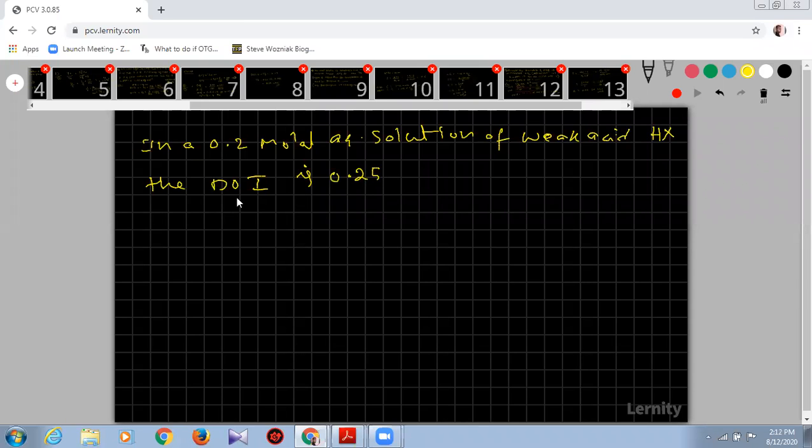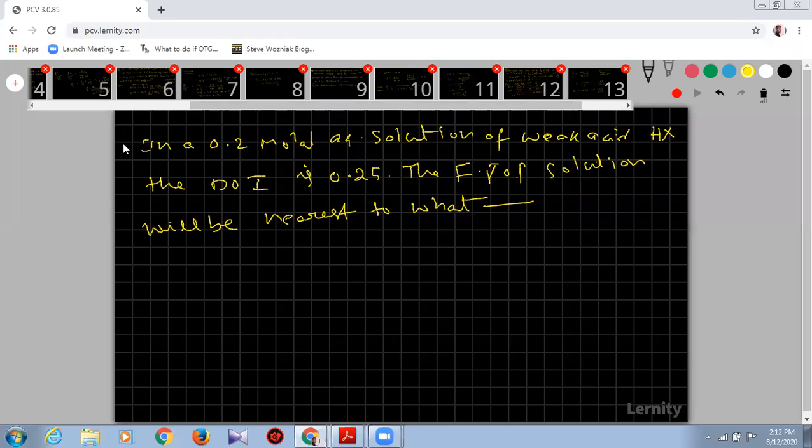Some slight difference is there between degree of dissociation and degree of ionization. For KM students, I have explained also. The freezing point of the solution will be nearest to what? Okay, this is one question now.